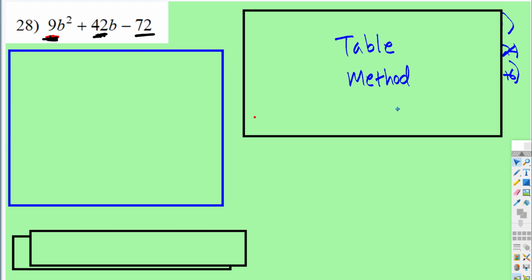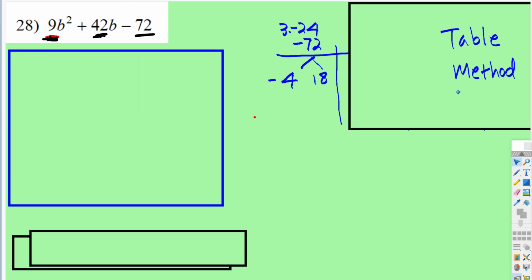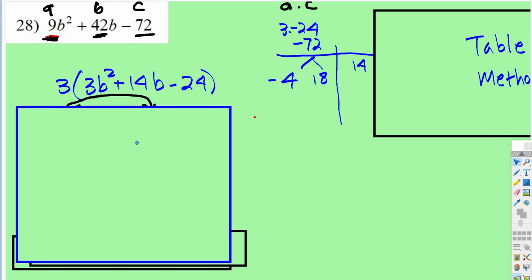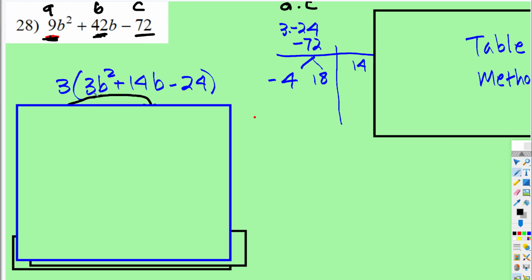So there's this table method, and this is how you do it. Label these A, B, and C, and in the table, A times C. We factored that 3 out right there, so here's our A, our B, and our C. 3 times negative 24 is negative 72.